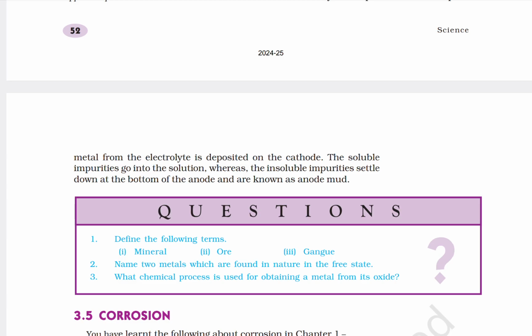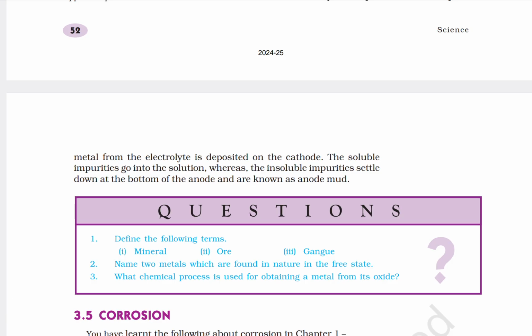A solution of the metal salt we can take, for example copper sulfate for refining copper. At the anode you will get the impure copper, and at the cathode a pure copper strip you can obtain. Acidified copper sulfate solution means copper sulfate together with H2SO4.